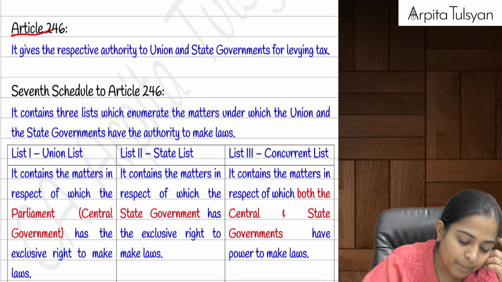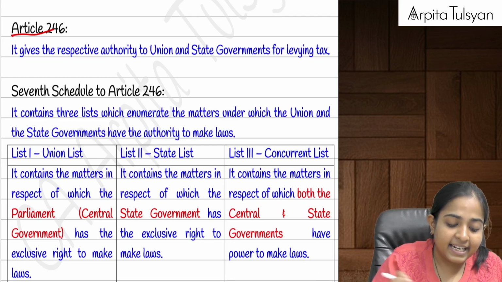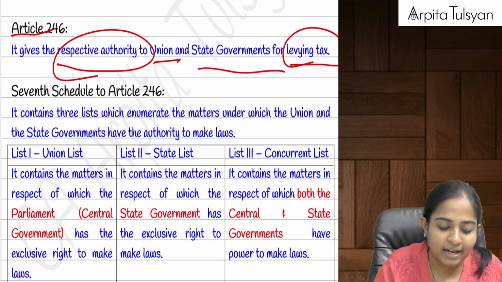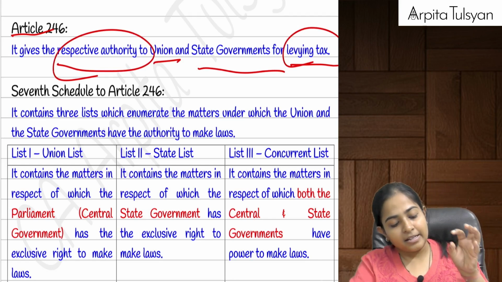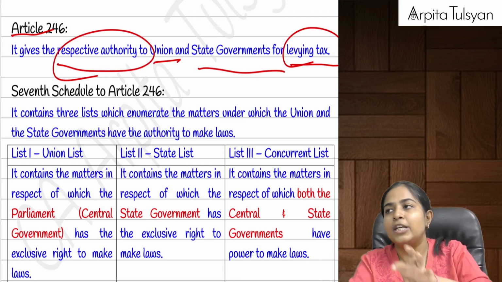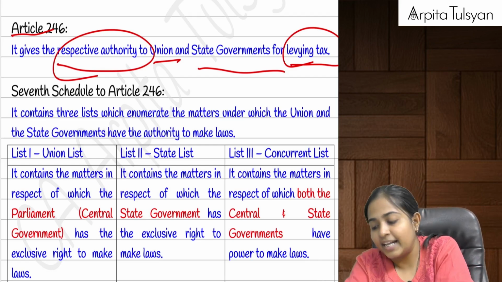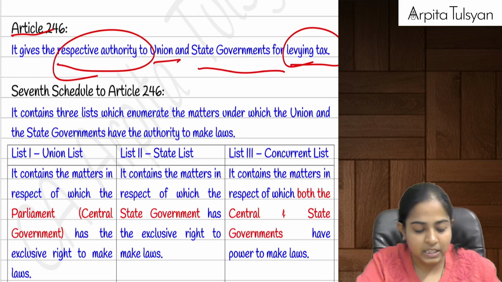Then article number 246, which is important, gives respective authority to the union and state governments for levying taxes. It says to the union or central government, you can collect these particular taxes, and to the state government, you can levy and collect these particular taxes.